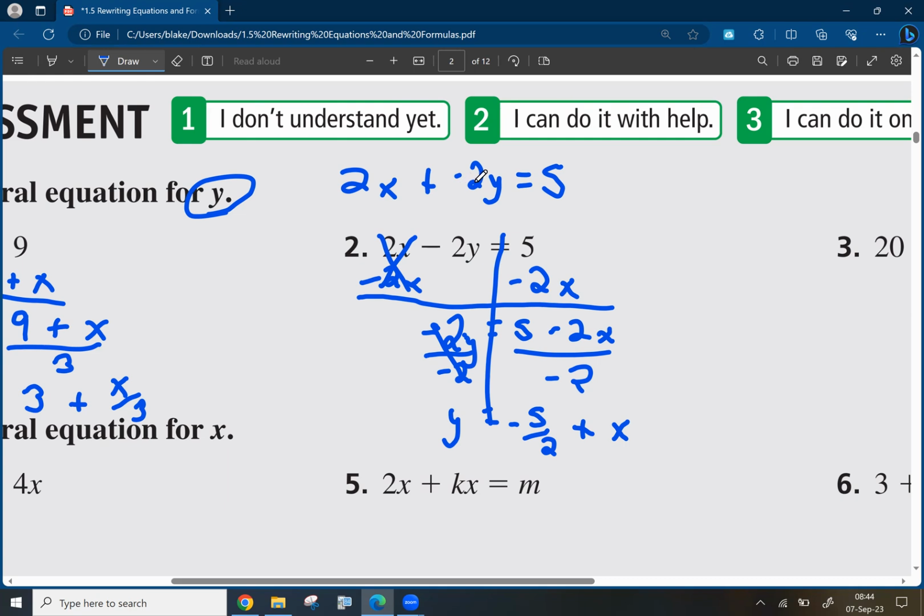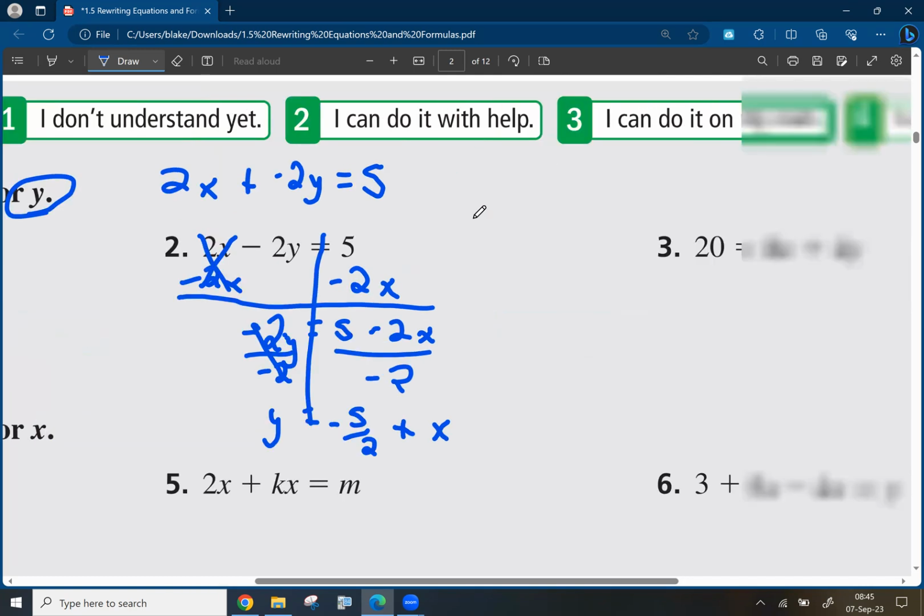And then you have this negative 2 attached to y that you have to divide by. So if you imagine the problem like this, maybe it's a little bit easier to understand why we do the things that we do. This is essentially the same thing. Adding a negative will turn into this minus sign, but maybe visualizing it this way just helps you understand why we did what we did.